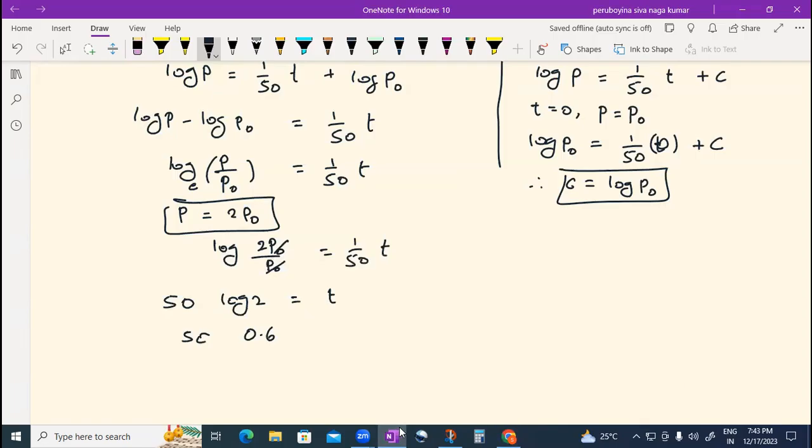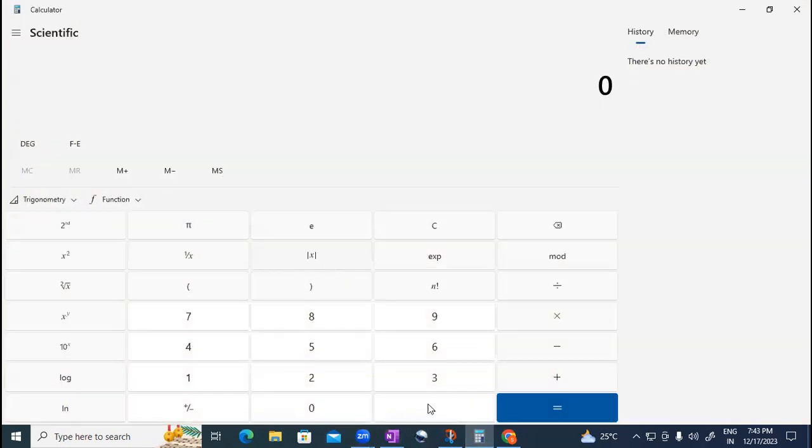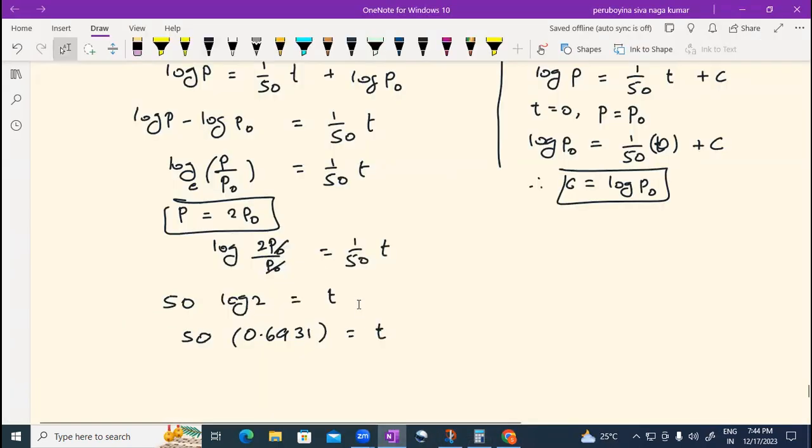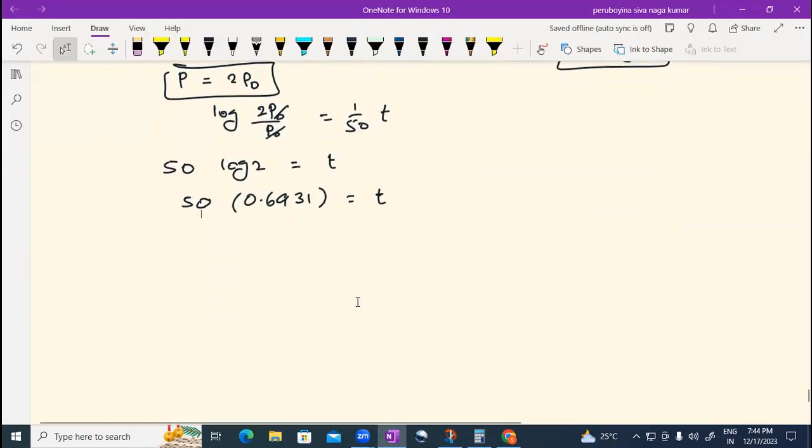For this question they are not mentioning anything, but they definitely mention some other value. We will multiply these values: 0.6931 into 50 gives 34.655. So how to do it without a calculator?